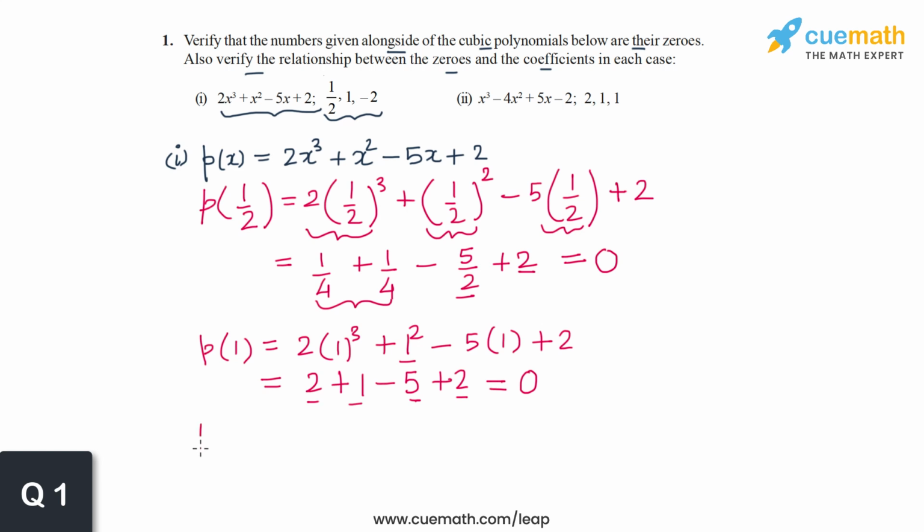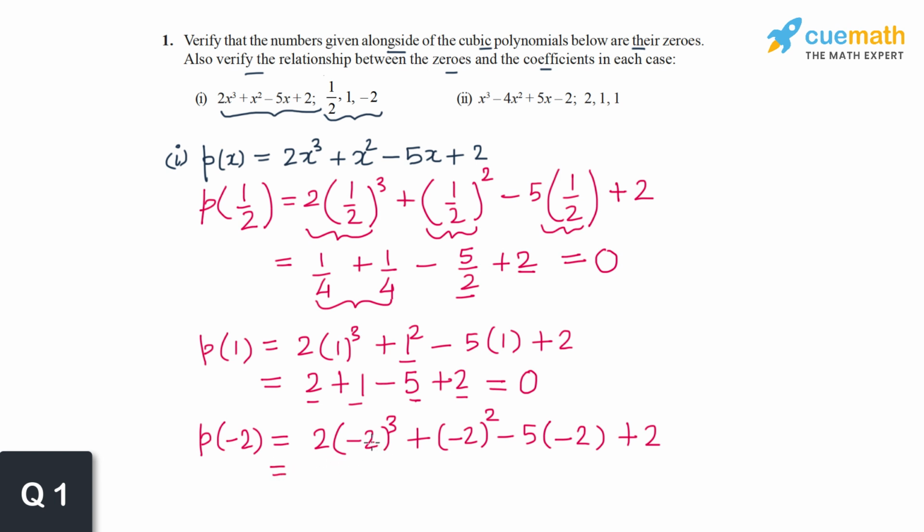And then finally let's find p of minus 2. So p of minus 2 will be equal to 2 times minus 2 cube plus minus 2 square minus 5 times minus 2 plus 2. So this is equal to 2 into minus 2 cube, which is 2 into minus 8 or minus 16, and then we have minus 2 square, so that's plus 4.